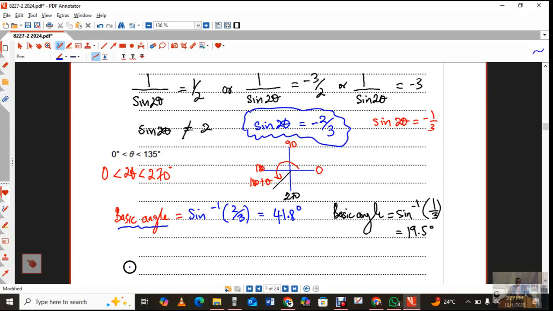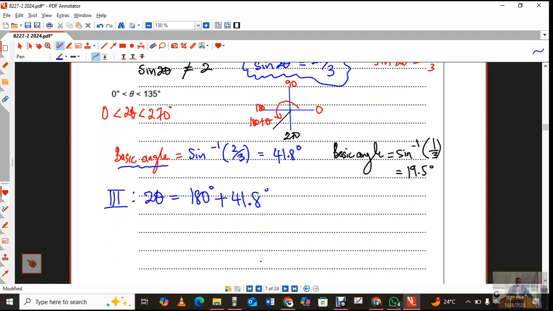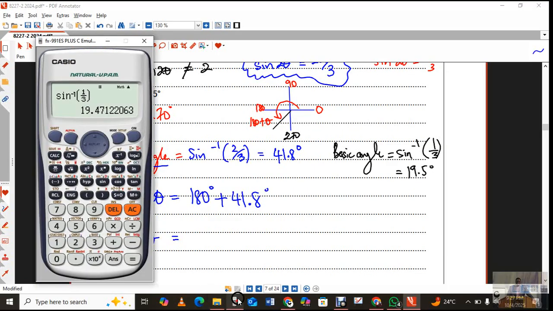Right, so let's say we are now looking at this one over here. What is that answer going to be? It's also in the third quadrant. We know that 2 theta is equal to 180 degrees plus 41.8 degrees. Okay, and that is going to be an answer that you will be taking, and then you will be dividing that answer by 2.